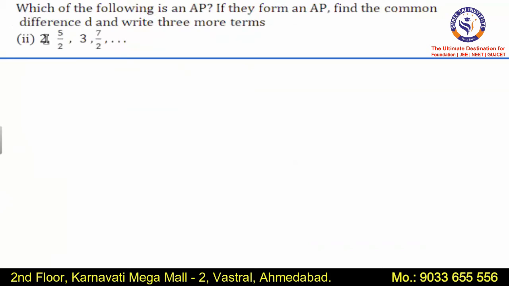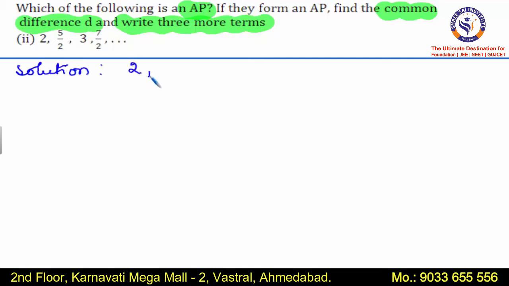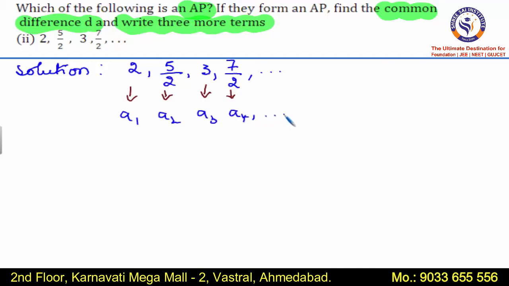In this question, we have to check if the given set of numbers form an AP, and if they form an AP, we have to find the common difference d and write 3 more terms. Let's begin with the solution. The given list of numbers is 2, 5 upon 2, 3, 7 upon 2 and so on. Let us denote the given list of numbers by A1, A2, A3, A4 and so on.